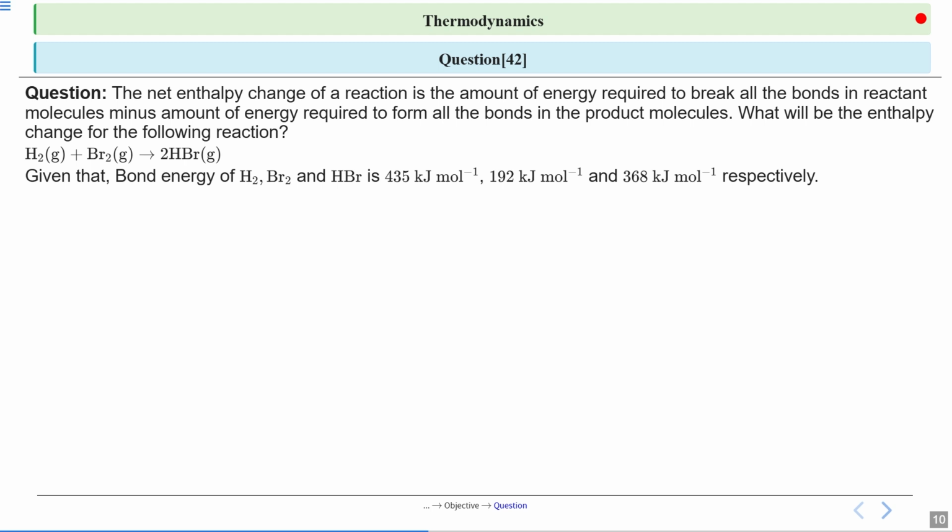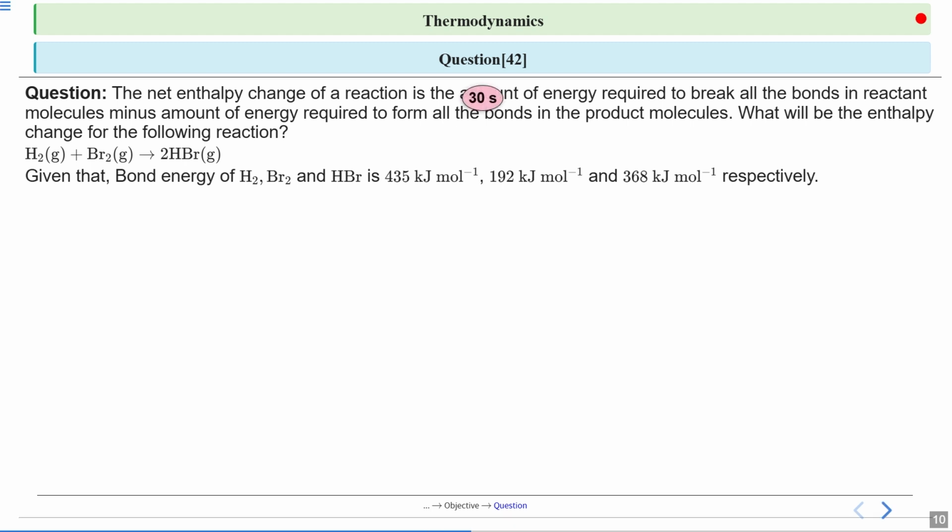We have some data as well. The bond energy of H2 is given as 435 kilojoule per mole. Then we have for Br2 as 192 kilojoule per mole. And lastly for HBr we have 368 kilojoule per mole.